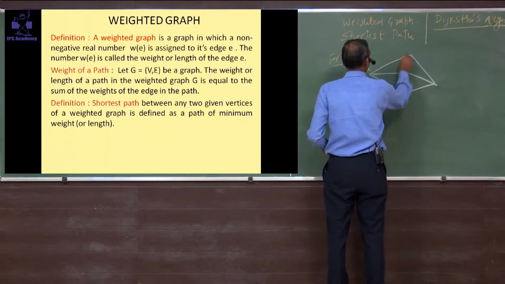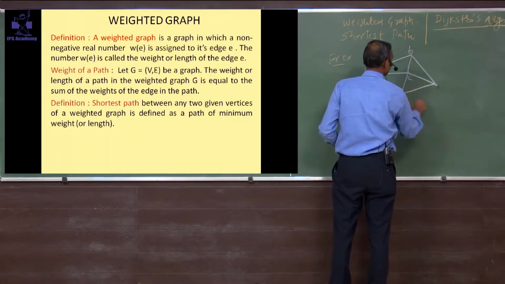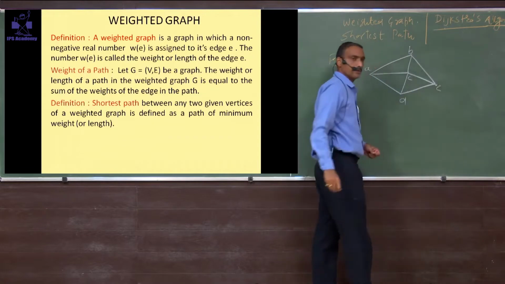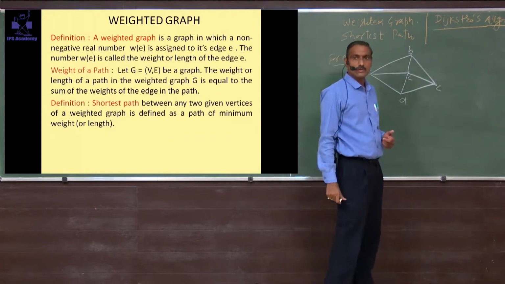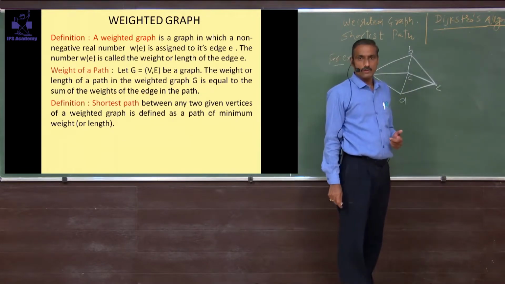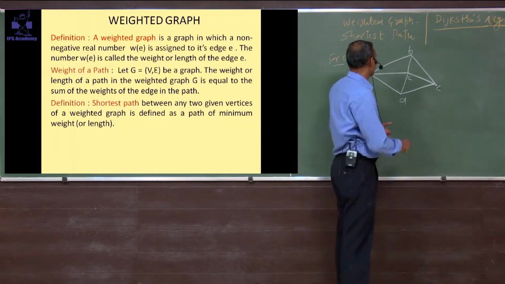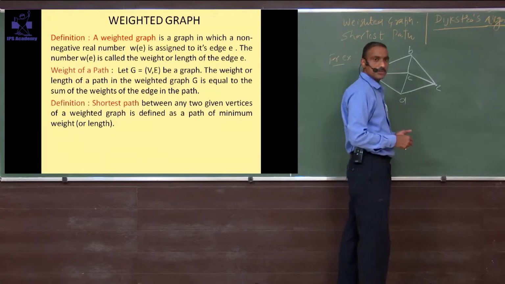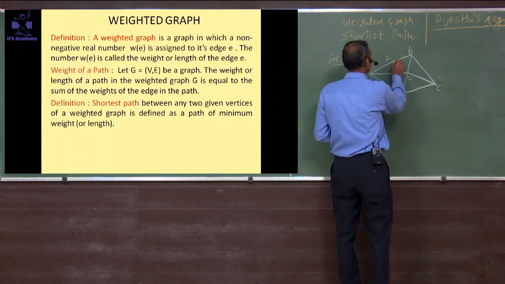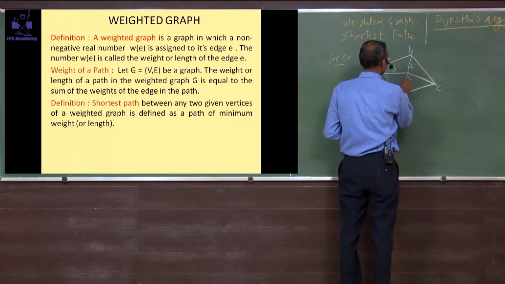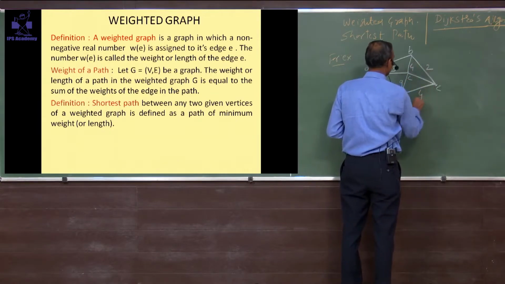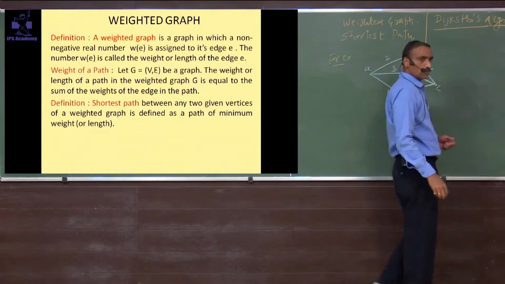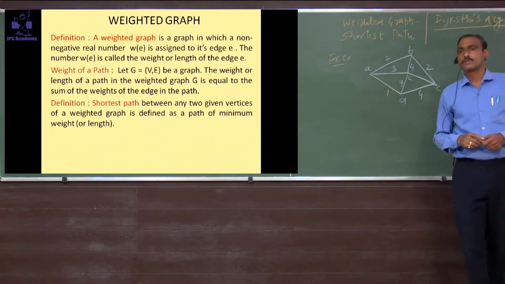This is A, B, C, D, and suppose this is E. If we assign a non-negative real number to each edge, which is called the weight of the edge. Suppose this is 3, this is 4, this is 5, this is 9, this is 2, this is 4, this is 1. Such a type of graph is known as the weighted graph.